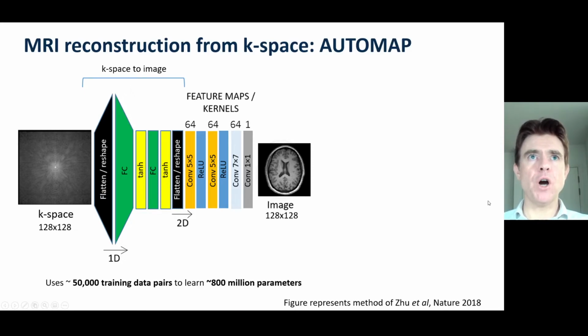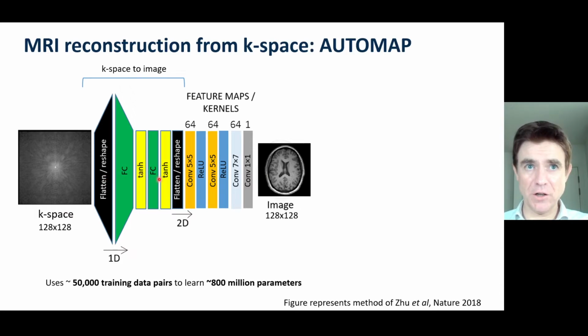This is a well-known architecture for MR-based reconstruction. Here in MR, they're using a single network to go from k-space data to an MR image. And here they are actually using fully connected layers.